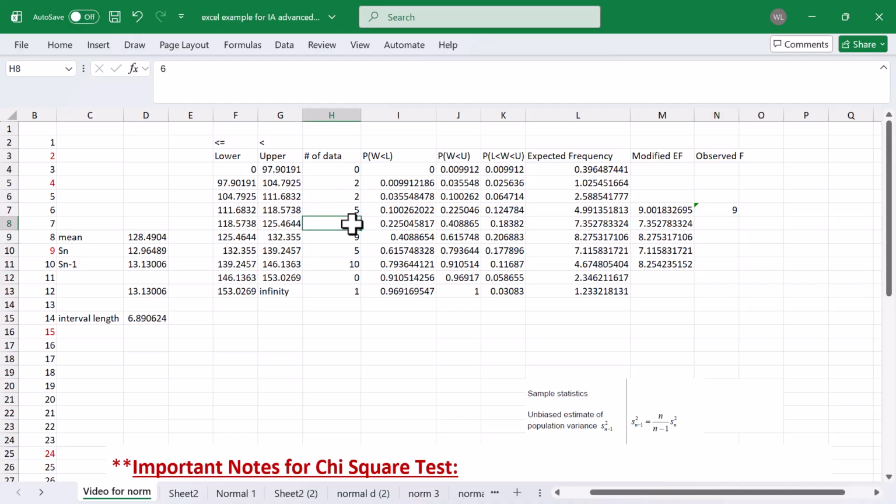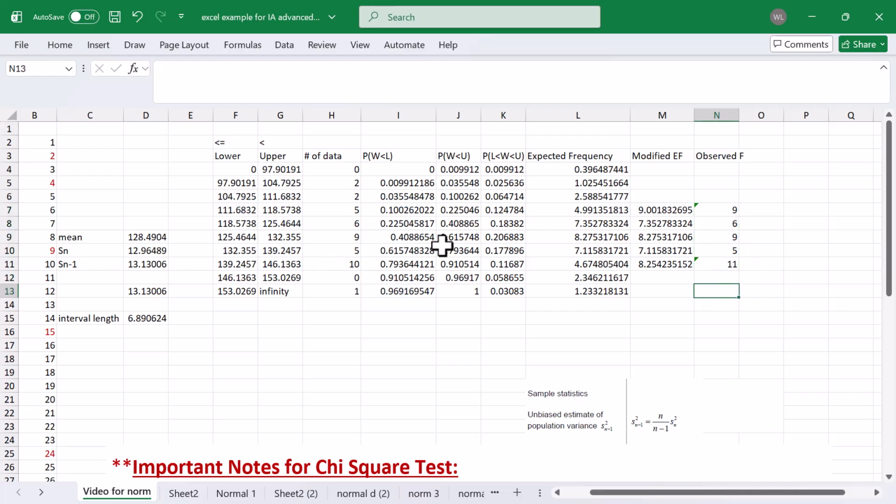Then this is 6. This is 9. 5. Stay. Then equal sign, put sum. Then we need to add this 3 number together. Count this observed frequency. You could say equals 40.